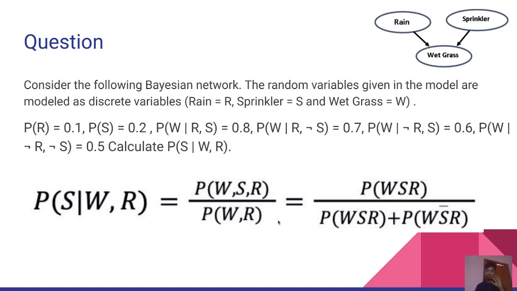So how has this formula come? It is just P of W, S, R divided by P of W, R. We are just breaking this part. P of S given W, R means what is the chance of S happening given that W and R are already happening.